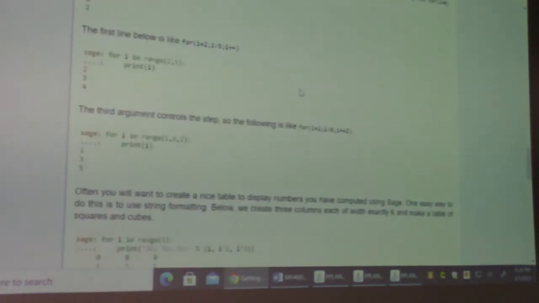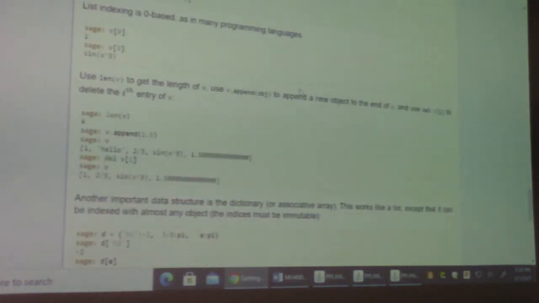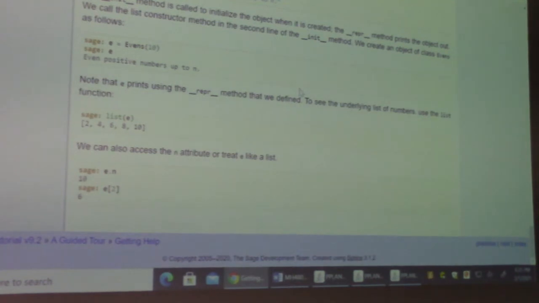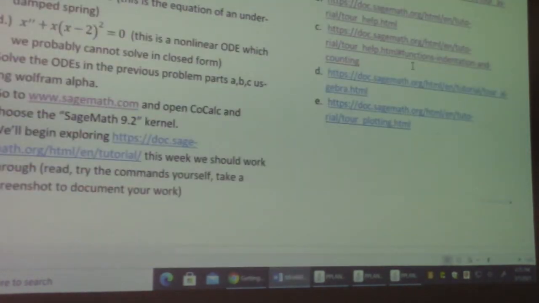Hey, I'm sorry. I thought those were different tutorial pages. I have my part B and C kind of the same thing, you know? Oh gosh. Well, I guess it's just that they have a link to midway down the tour help HTML. They've got like a sub-HTML link or whatever. I don't know. I'm going on here in part D. I already looked to see.